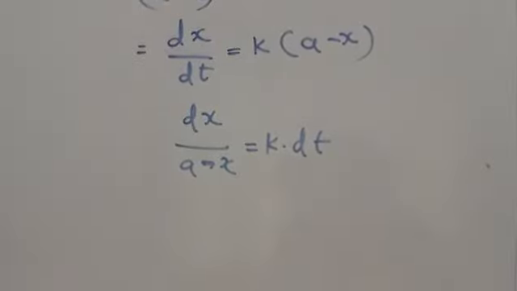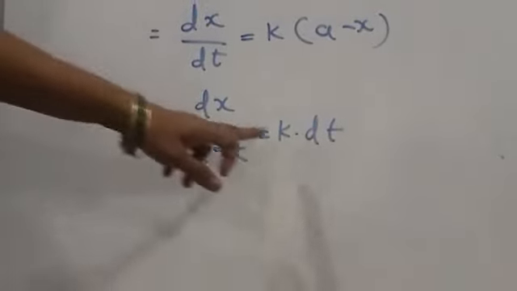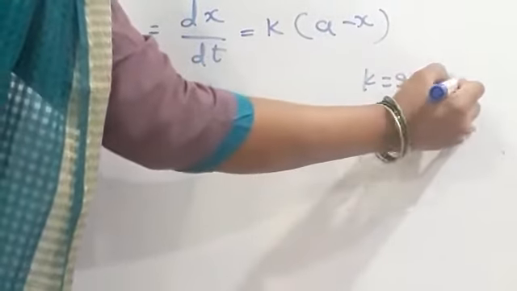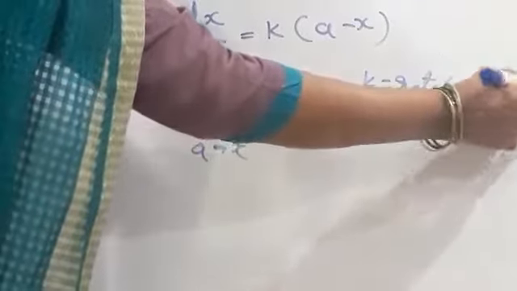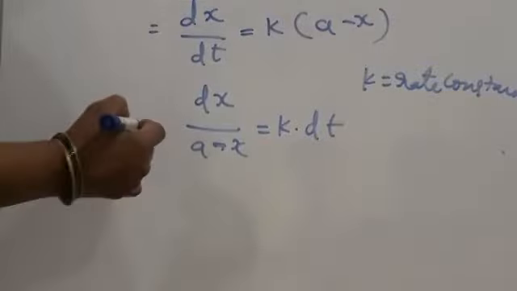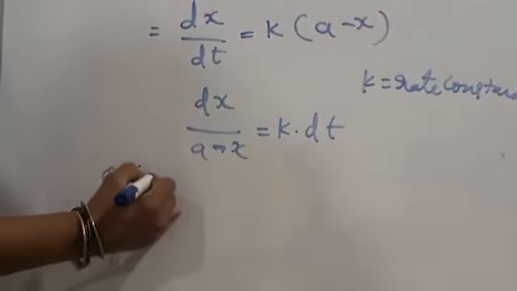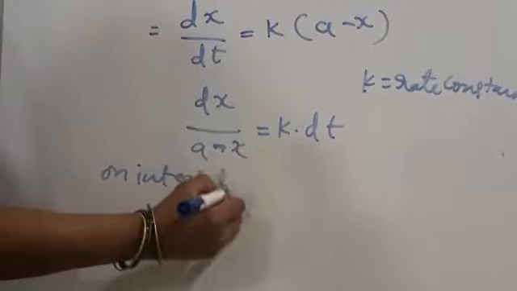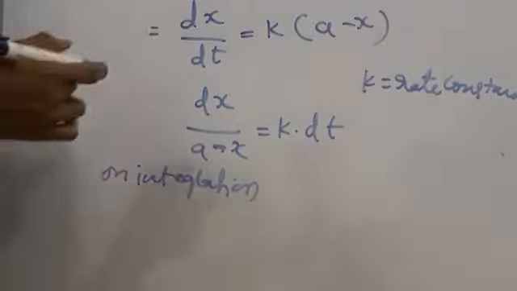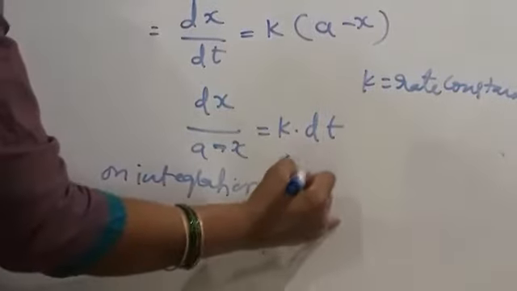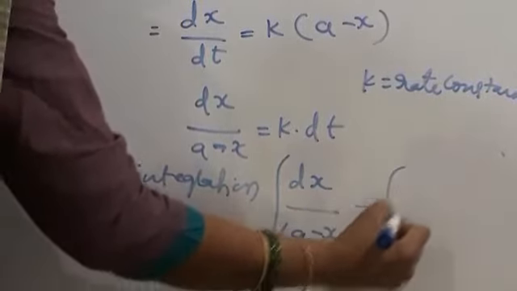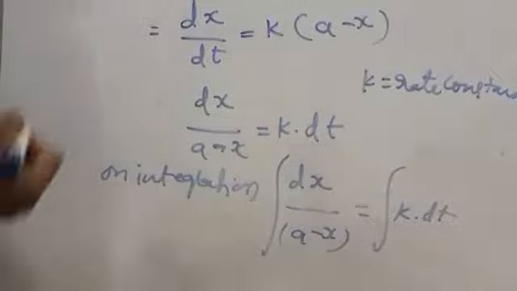Okay. K into dt. What is K here? K is rate constant, which is also called as specific rate. Okay. Then on integration, so we can write this equation as dx by a minus x is equal to k into dt.